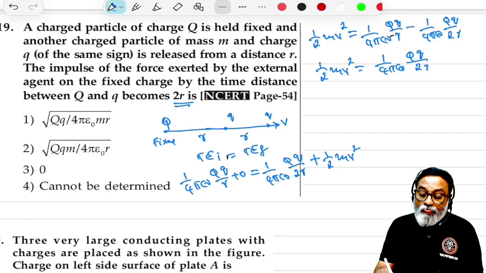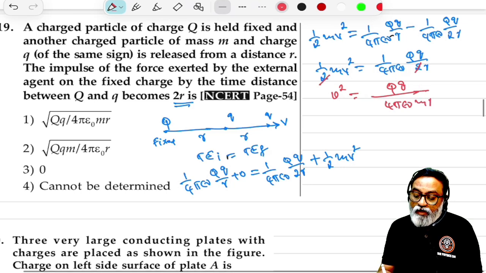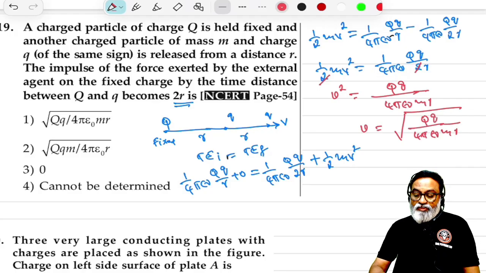Here this 2 gets cancelled. v square is equal to qQ by 4 pi epsilon 0 m into r. Then v is equal to the square root of qQ by 4 pi epsilon 0 m into r. This is the velocity.